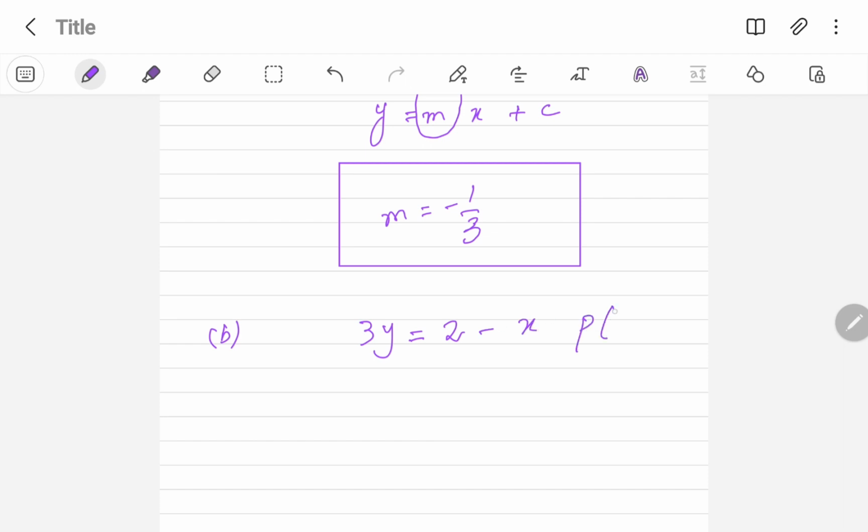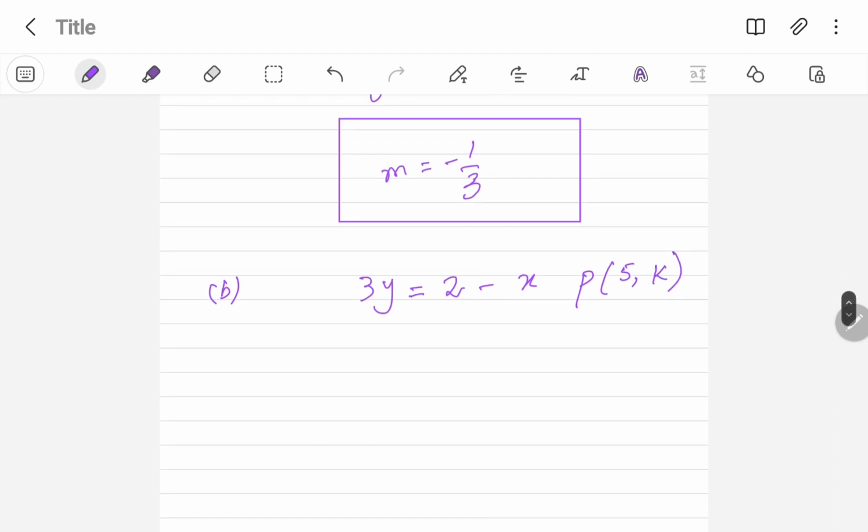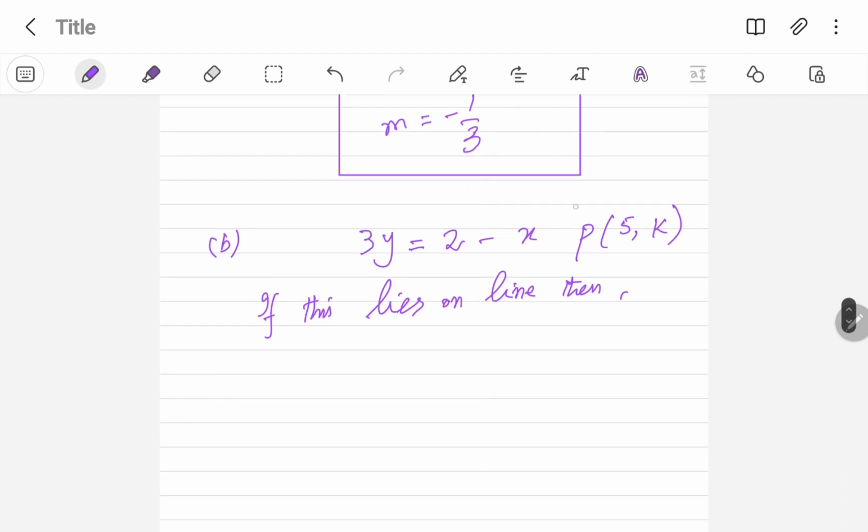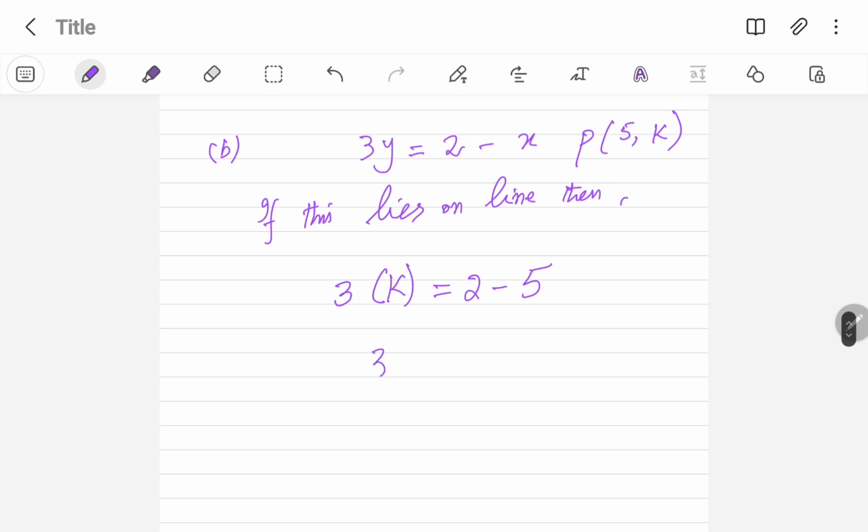It passes through the point that has the coordinates 5 and k. अब इसकी ये वैल्यूज, if this point lies on the line, then अब इसकी हम जो ना वैल्यूज पुट कर देते हैं इसके अंदर, इस वाली इक्वेशन के अंदर. 3 इंटू वाई की जगह हमारे पास k इज इक्वल टू 2 माइनस 5. 3k is equal to minus 3 and k is equal to minus 3 over 3.